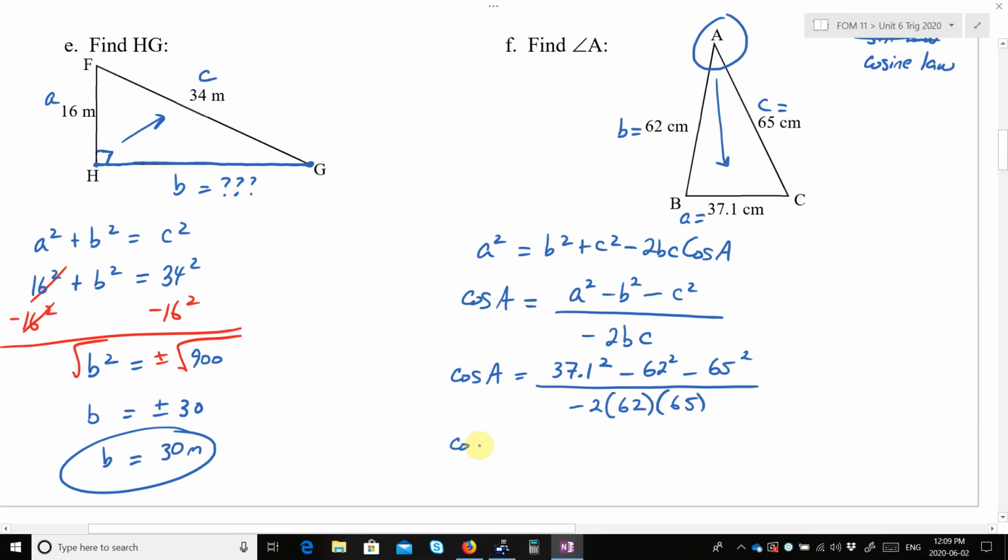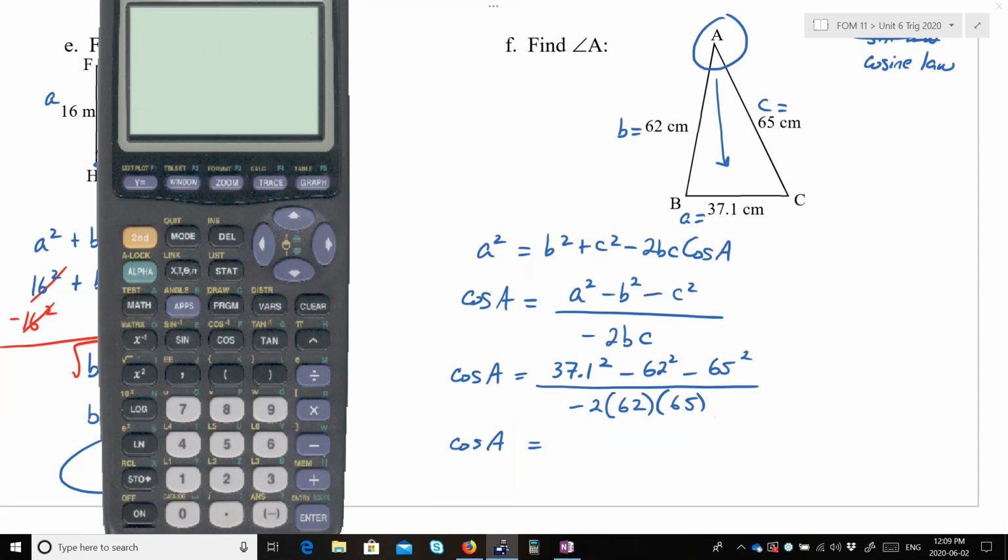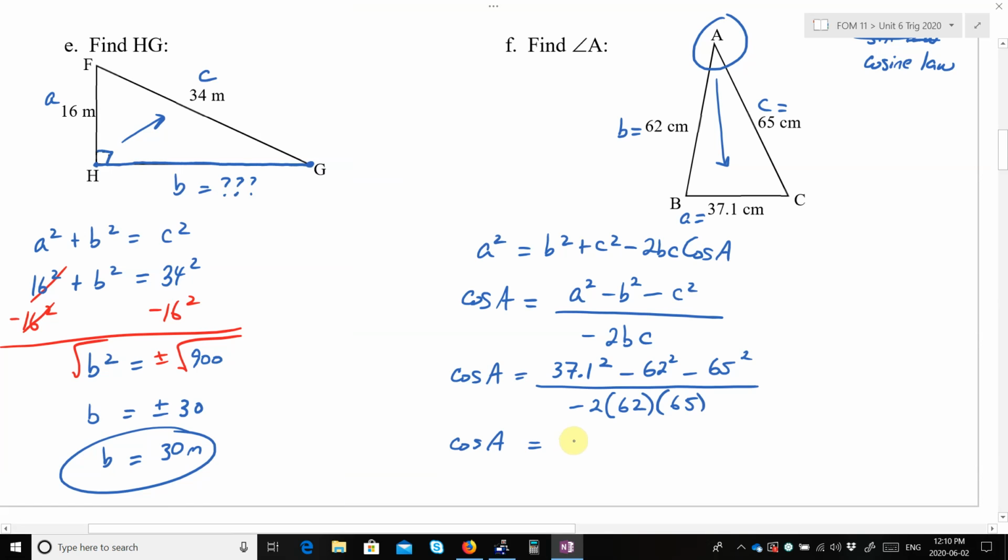Okay, so let's work out cos A. In brackets, I'm going to go 37.1 squared minus 62 squared minus 65 squared, and divide that by negative 2 times 62 times 65. Close that. 0.830, a bunch of stuff.